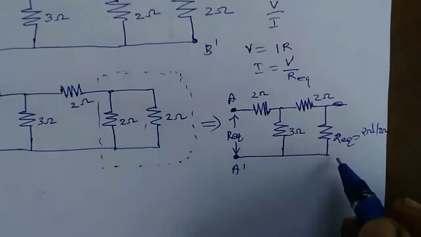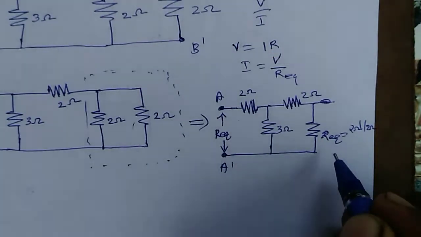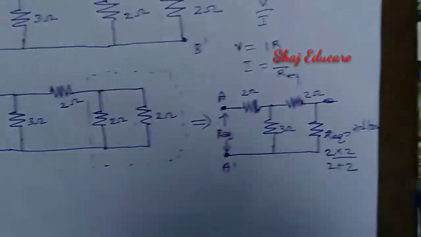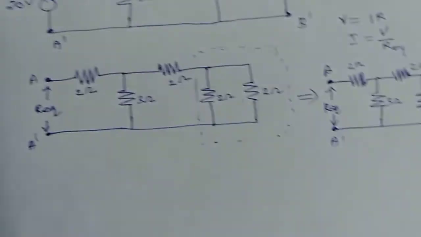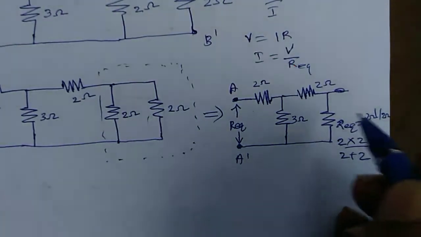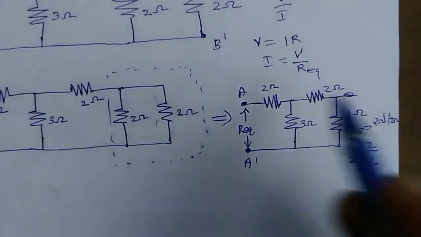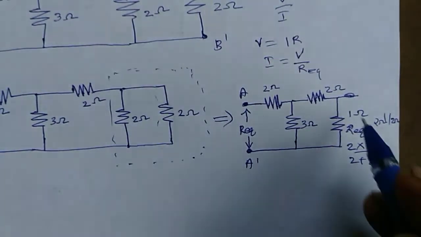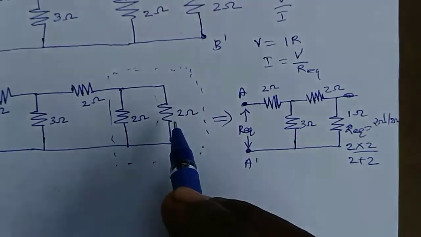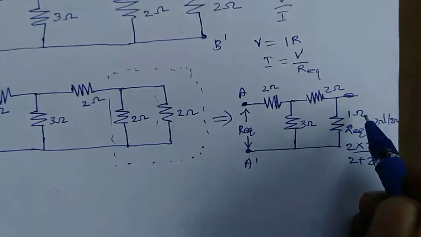If 2 ohm resistances are connected in parallel to each other, then the equivalent resistance will be 2 into 2 divided by 2 plus 2, that is 1 ohm. We replaced these two resistances using their equivalent resistance, so 2 into 2 divided by 2 plus 2 gives 1 ohm as the answer.